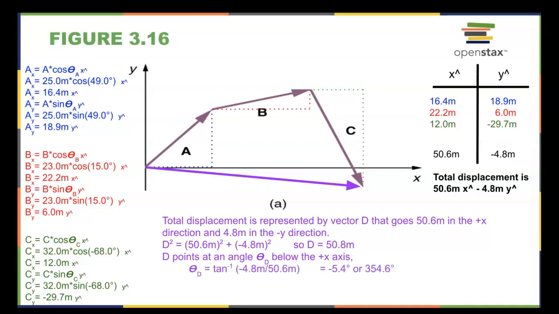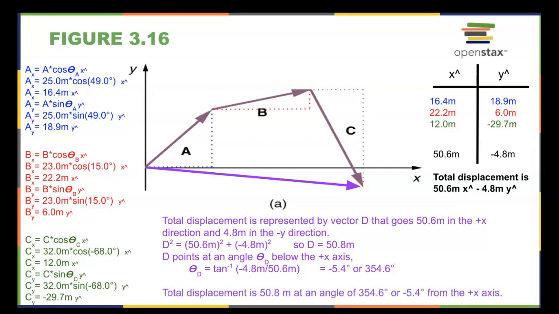So the inverse tangent of negative 4.8 over 50.6 gives me negative 5.4 degrees. That's what this little angle is right in here. Or you could say that's 354.6 degrees around counterclockwise, which is the convention that mathematicians use.